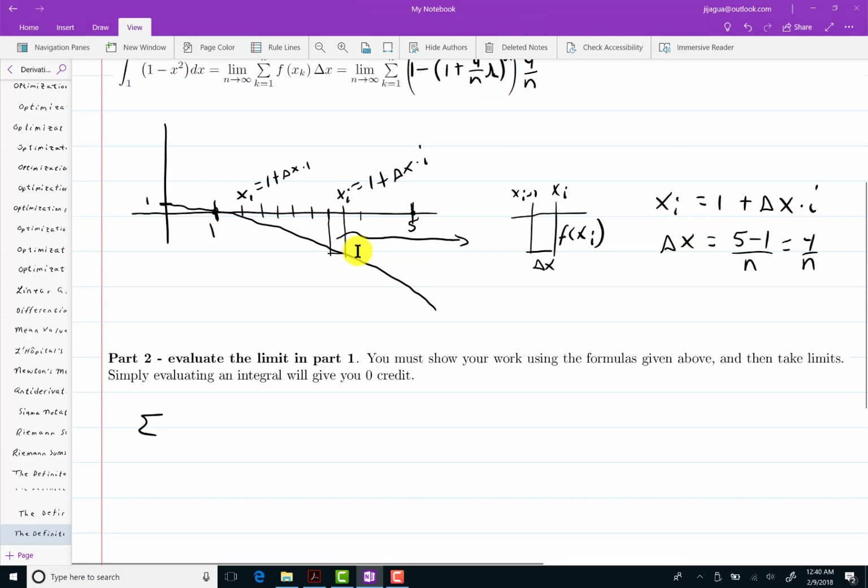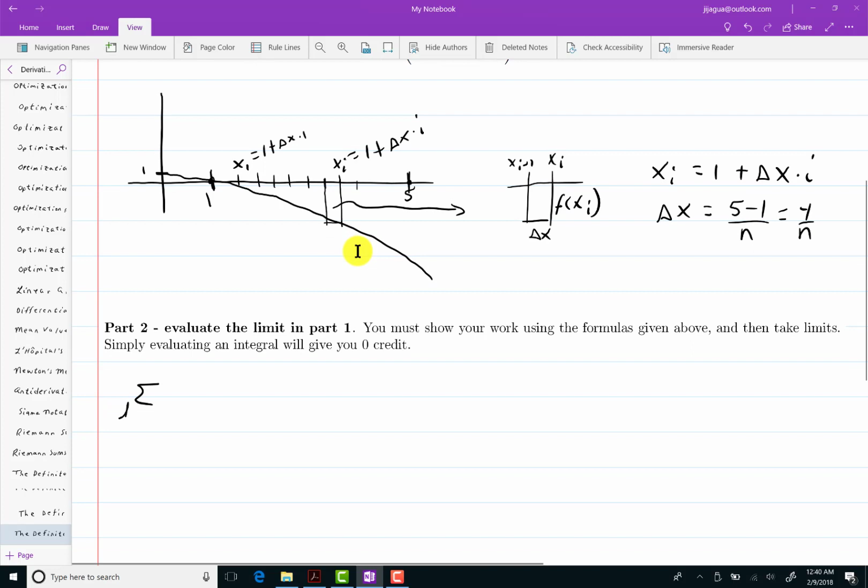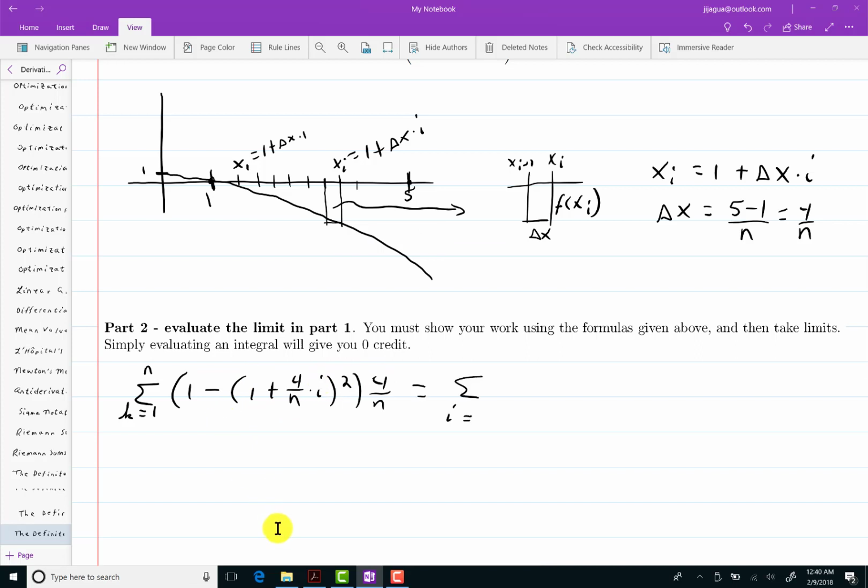All right, let's go ahead and do that then. k equals 1 to n of 1 minus 1 plus 4 over n times k squared, times 4 over n. Now with these, the first thing you ought to do is FOIL this piece out. This equals the sum, k equals, I'm getting stuck with that i. I'll get it sooner or later.